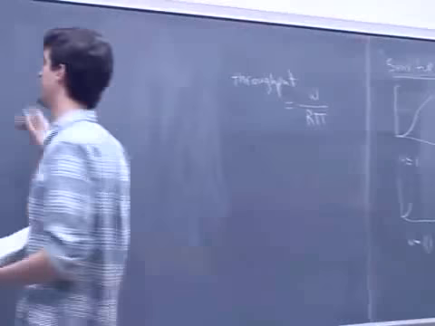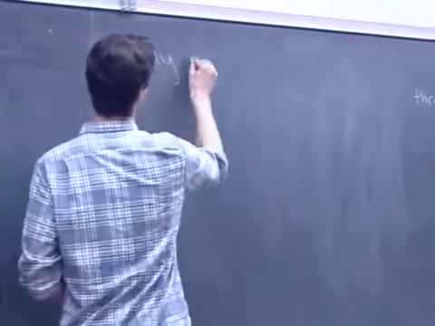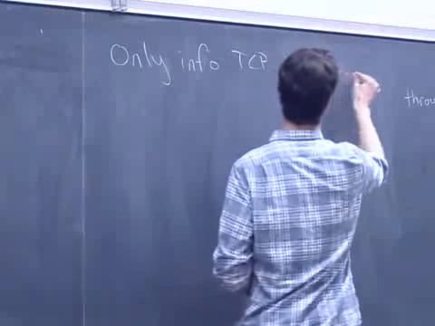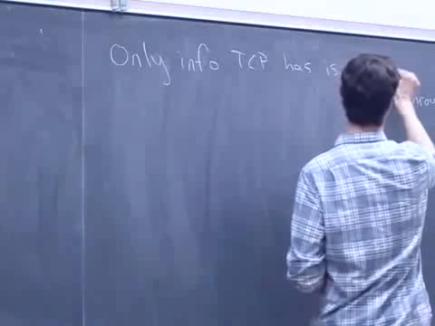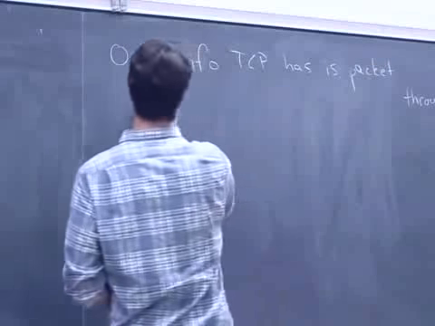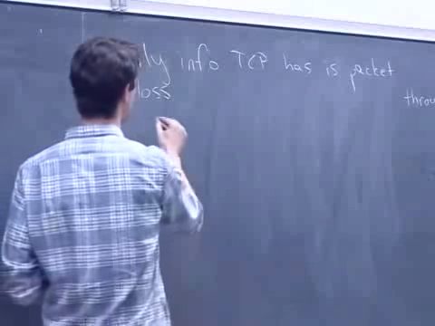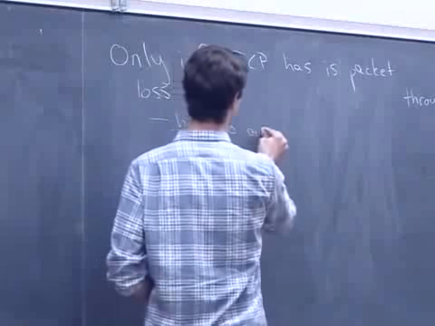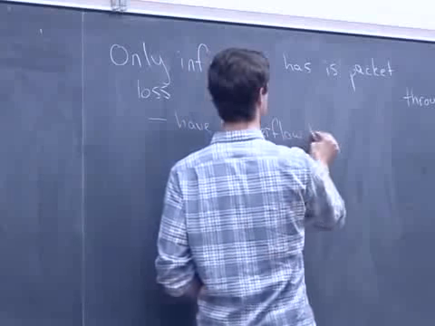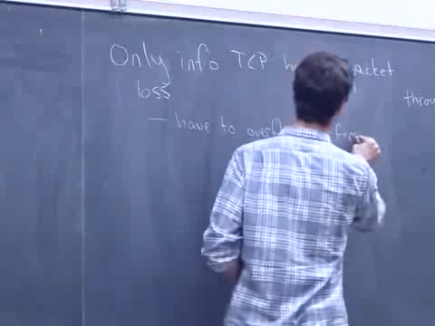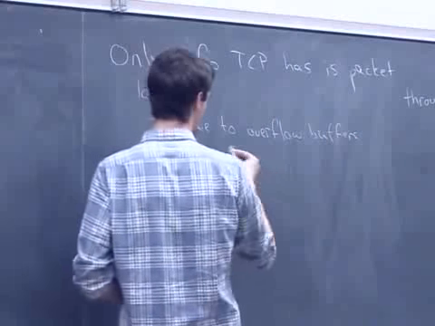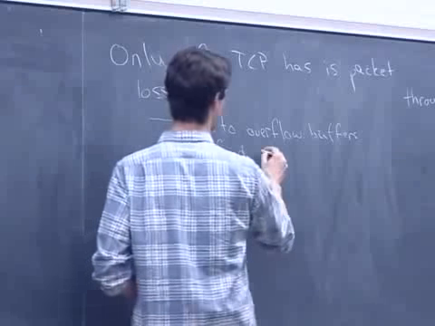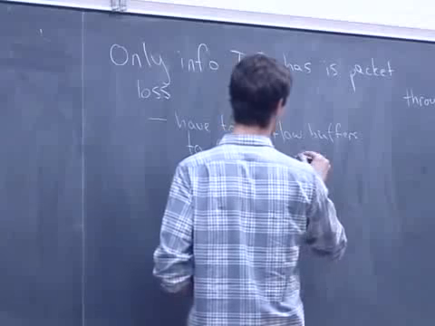So the only info TCP has is loss, and because of this we have to overflow the buffers in order to find out how much bandwidth there is, to find the amount of available bandwidth.